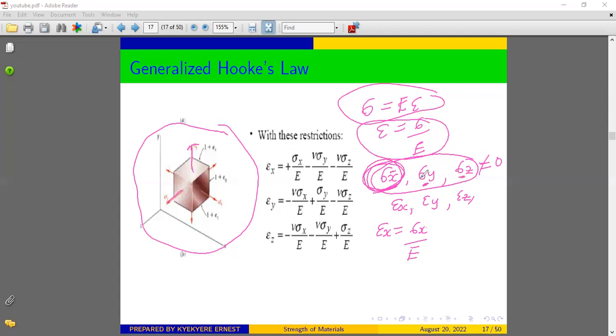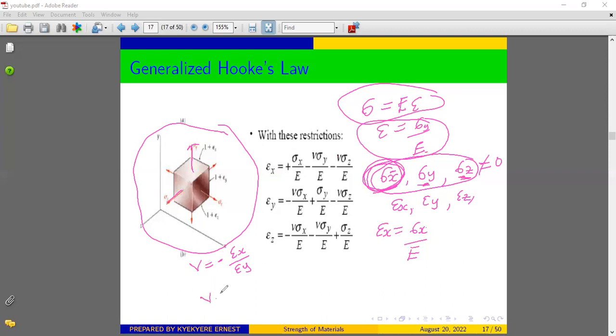And those deformations in the x-axis as a result of the stress in the y and the stress in the z will be related by the Poisson's ratio. So from the Poisson's ratio, V is equal to, if there's no stress in the x-axis, the lateral strain, the strain in the x over the strain in the y, taking the first one to be y. And we know that the strain in the y is going to be the stress in the y over the modulus of elasticity.